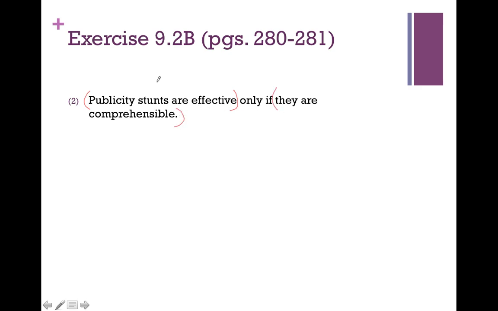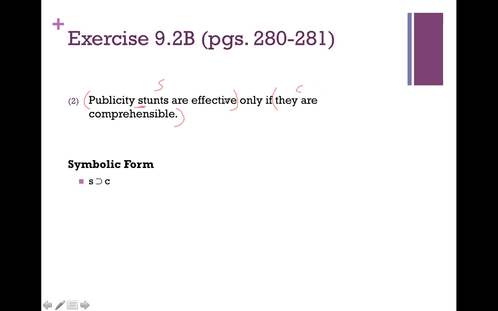We could use any letters we wanted, but the letters I chose were S and C. S represents publicity stunts. I use S for stunts, and they are comprehensible. I use the C for that.